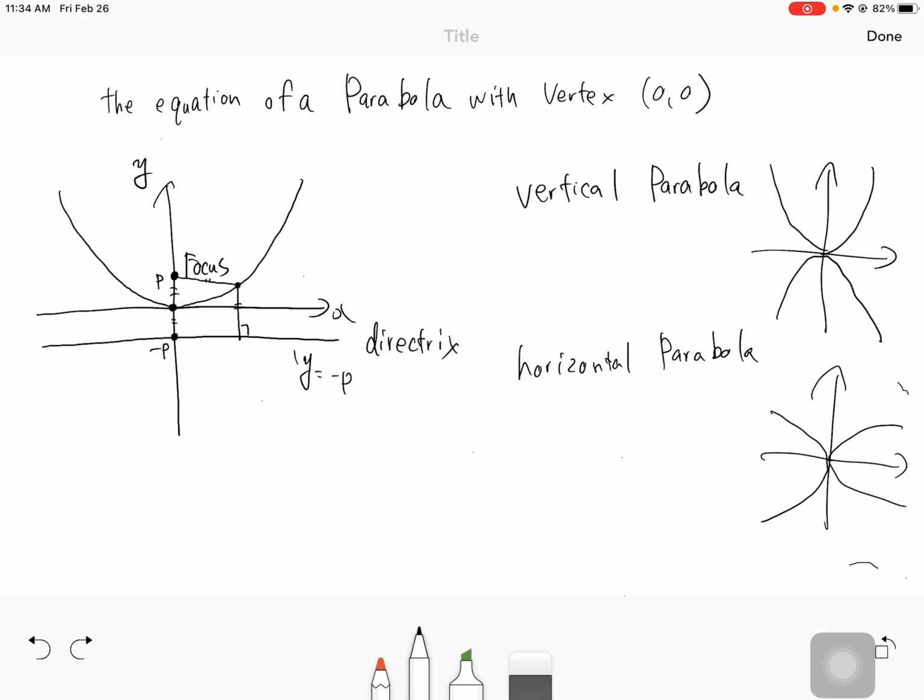The equation of a vertical parabola is 4py is equal to x squared. p is the y value of focus. I mean here. And if the value of p is bigger than 0, the parabola opens up.